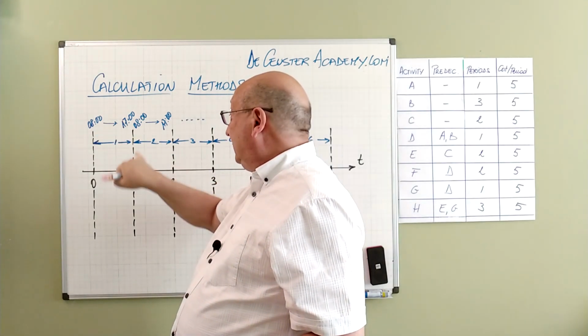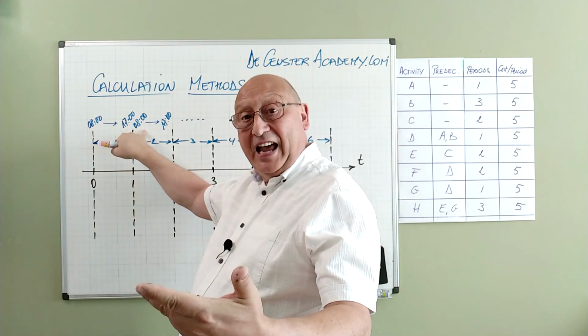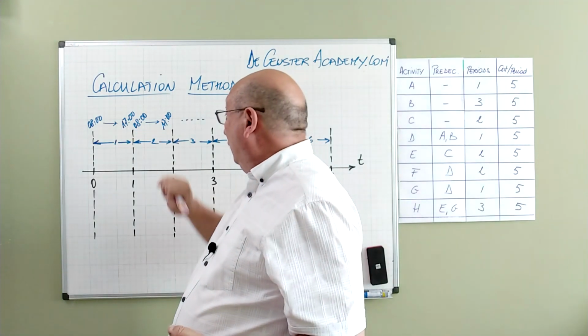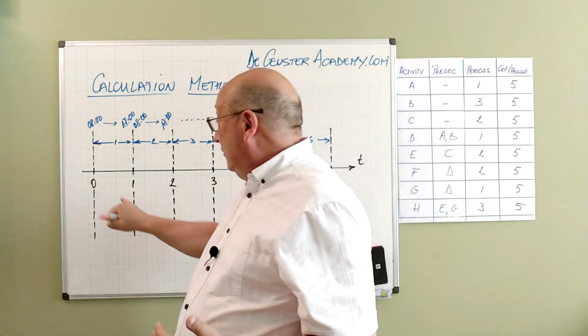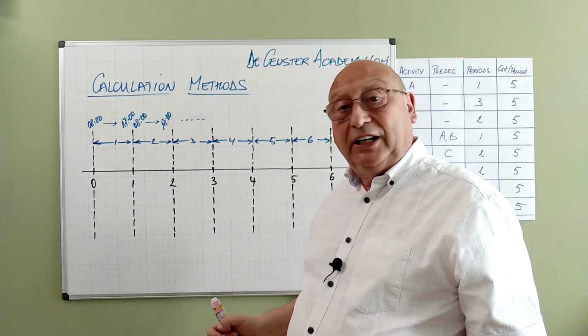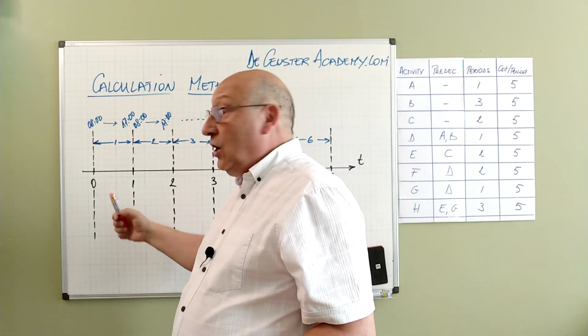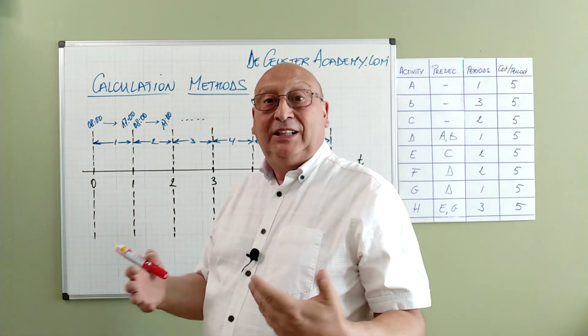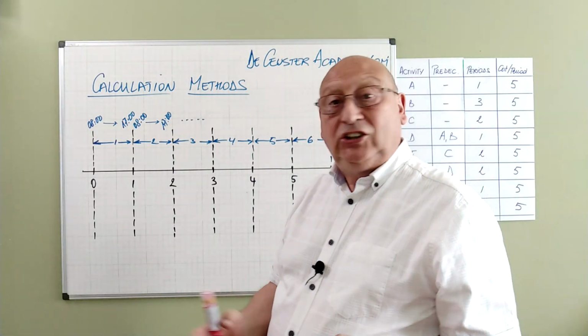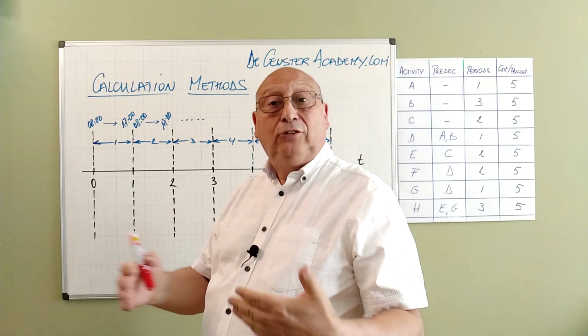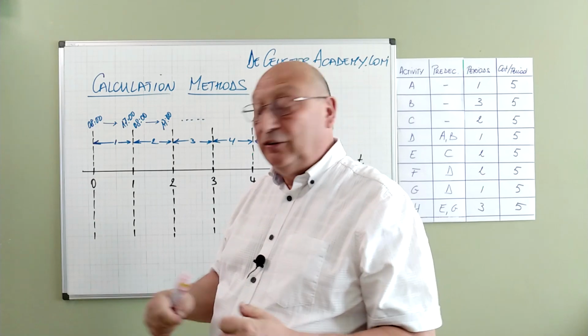And we have the second day, which starts the next day from 8 till 5 and so on. In the method where we use the coordinates, this would be from 0 to 1, while in our way of doing the calculation, this would be from 1 to 1, starting in the morning till the evening.